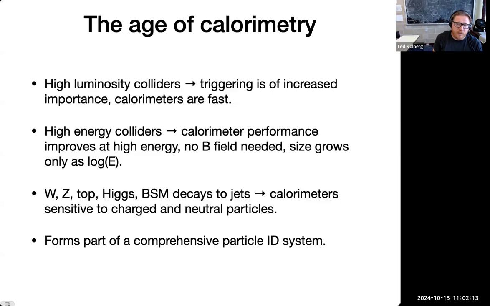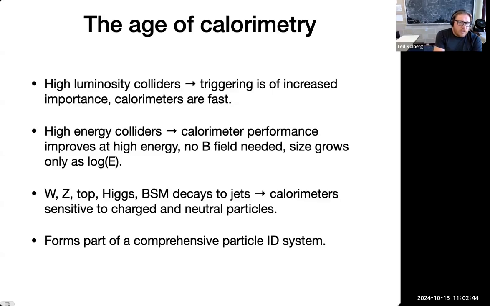And so the calorimeter can be sited, for example, outside of the magnet coil of the experiment, which is often what you see done, although not in every case. And the depth of the calorimeter that you need to fully contain the showers grows only as the log of the energy, as opposed to, again, a spectrometer where you need to grow the lever arm basically linearly with the momentum of the particles in order to maintain the same performance.